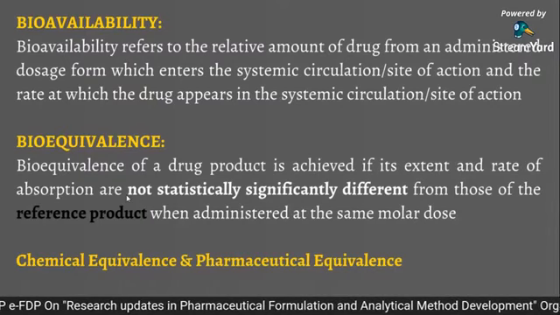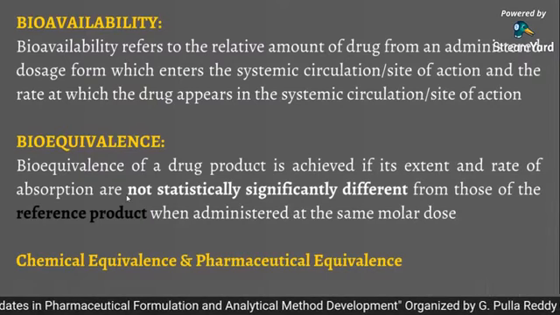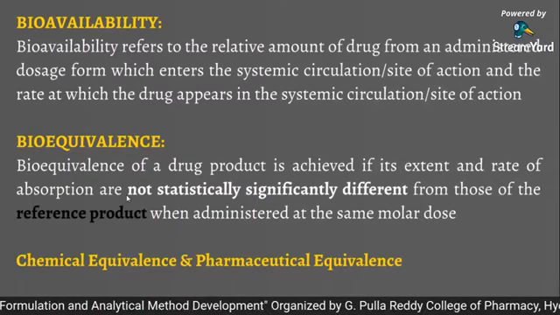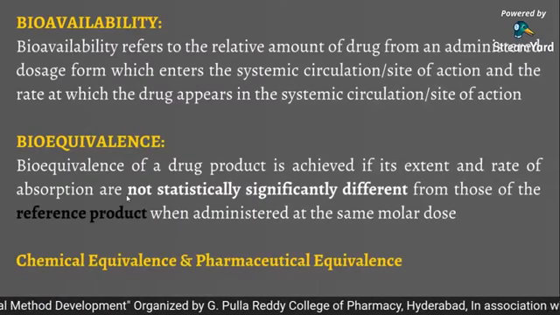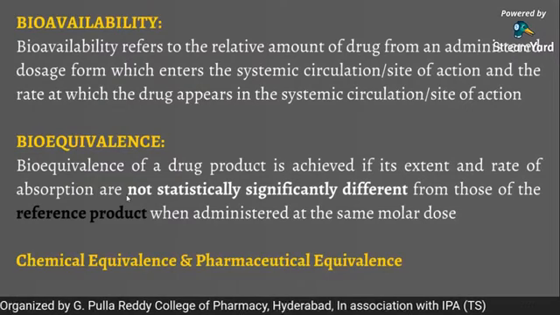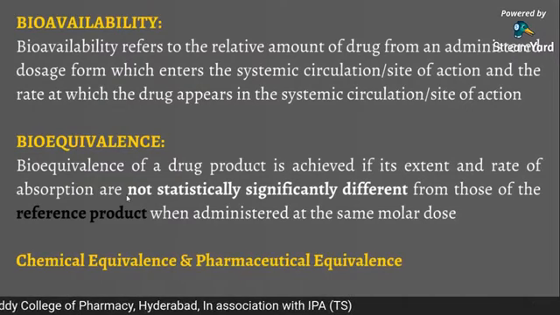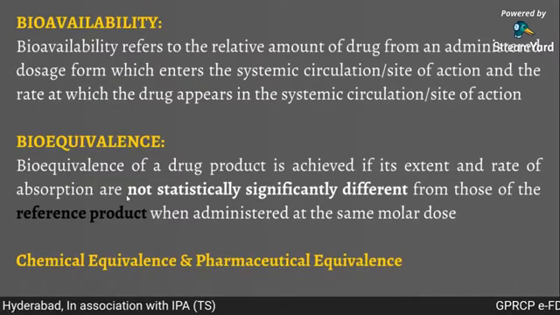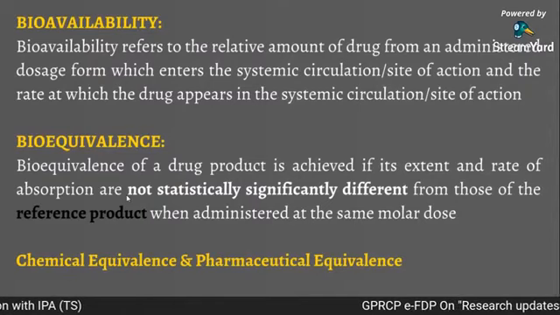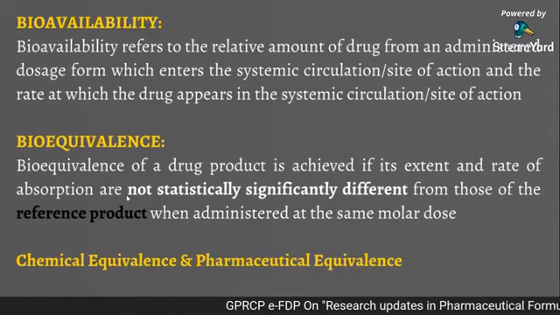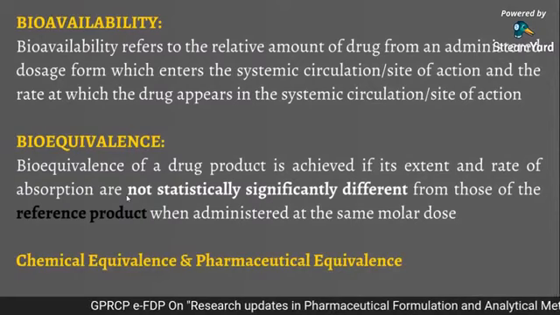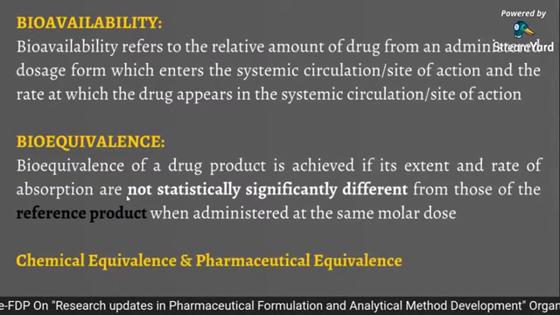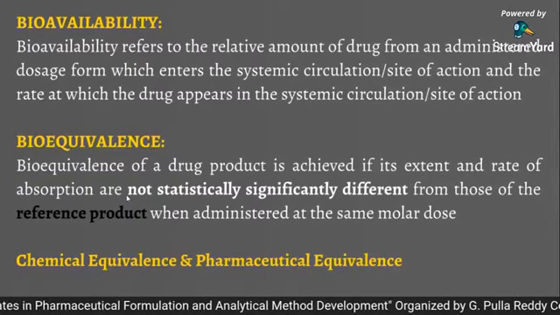If the innovator is diclofenac sodium, the test formulation should also be diclofenac sodium. If the innovator is diclofenac potassium, the test formulation should also be diclofenac potassium. That means even the salt form should be the same, and the dose should be the same. When the drug and dose are both equal, these 2 formulations are said to be chemically equivalent. Next is pharmaceutical equivalence.